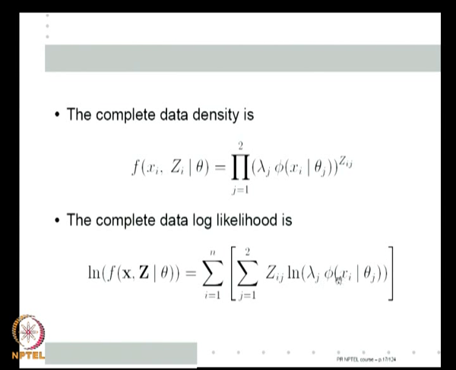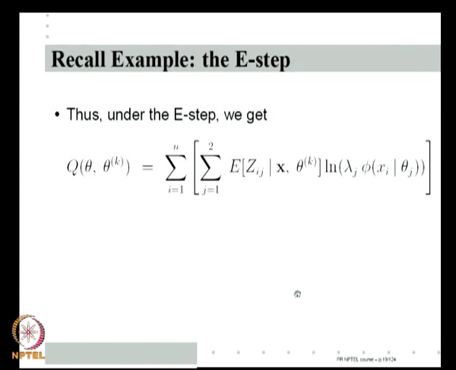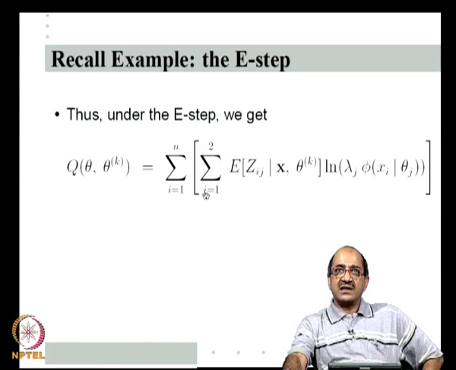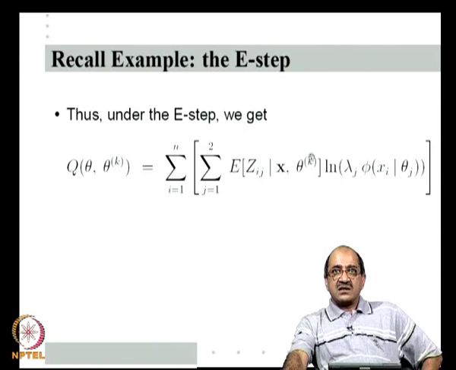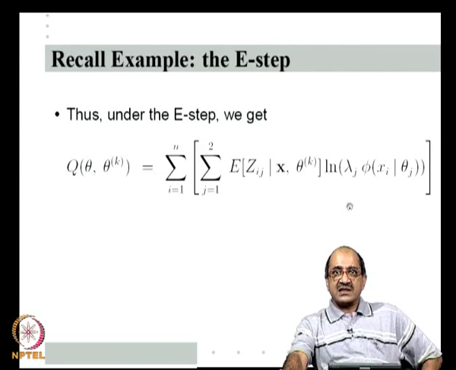If I put expectation, it goes to the first sum, second sum, only the z_ij's go into the expectation, because the expectation is over the z_ij's; this ln lambda_j phi(x_i given theta_j) is a constant, that comes out of the expectation. So, that gives me Q(theta, theta_k) is the two summations, expectation of z_ij given x, theta_k, into log.